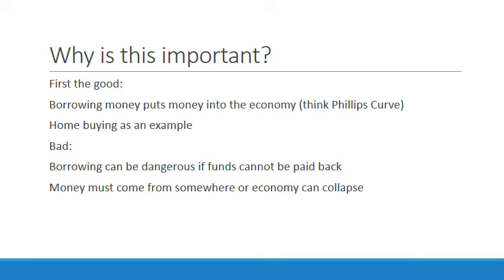This is what we call a bubble. In that case, it was a housing bubble, in which banks were probably loaning out large sums of money to people who they actually knew couldn't pay it off. All these people are buying this stuff, and this bubble gets created of people basically living beyond their means. When that bubble pops and the housing comes down, we see significant amounts of money leaving the economy.